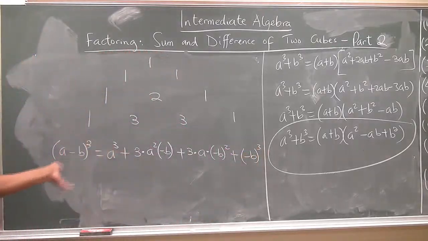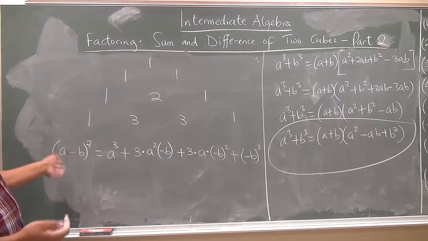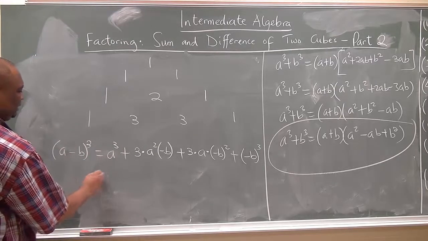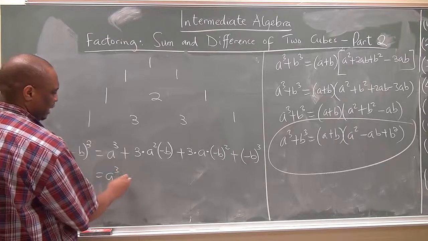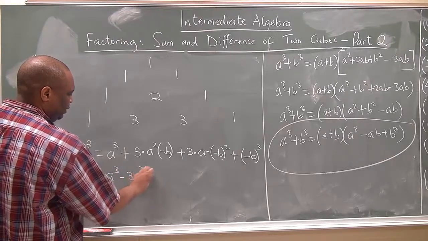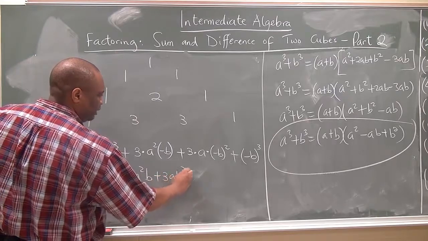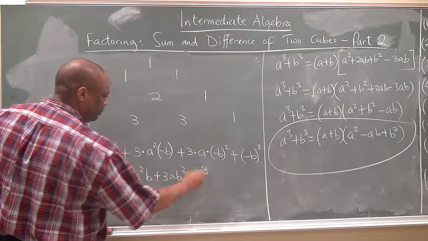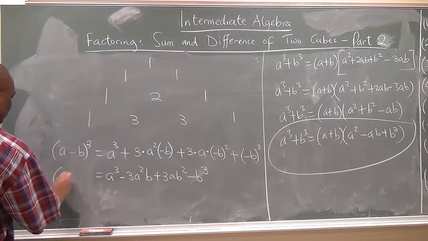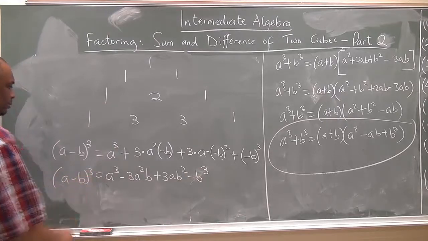It makes it easier immediately to get this. This is a cubed minus 3a squared b plus 3ab squared minus b cubed. You see that? A minus b all cubed.